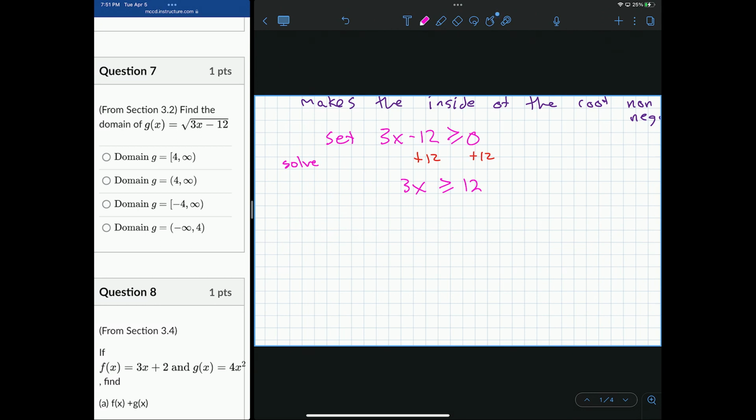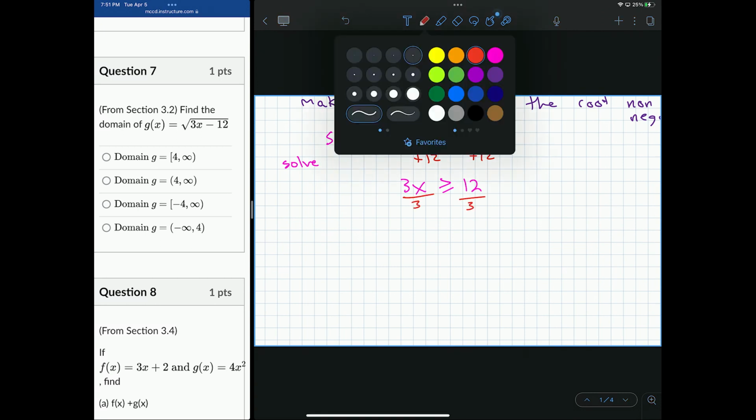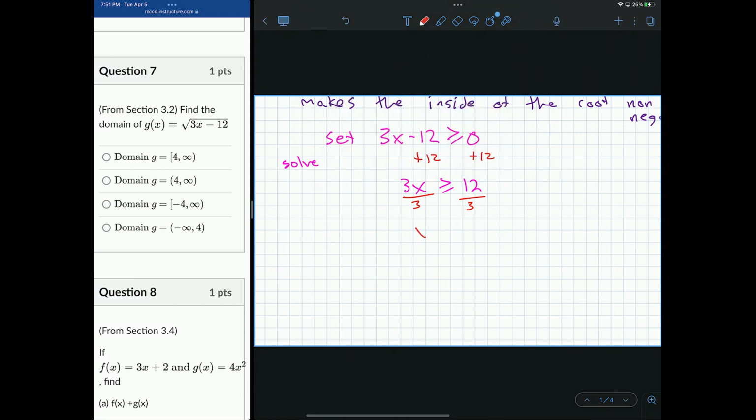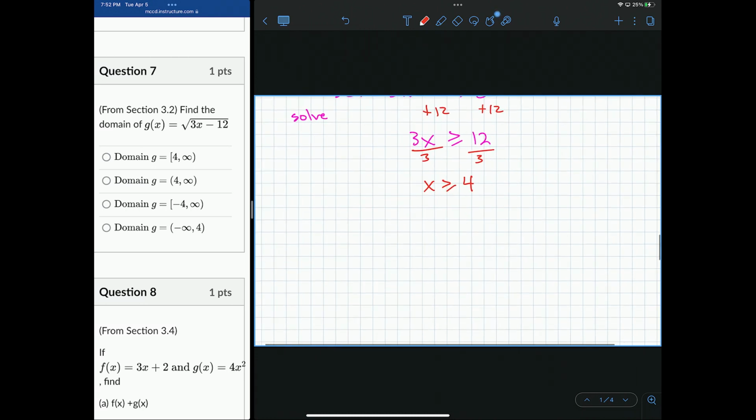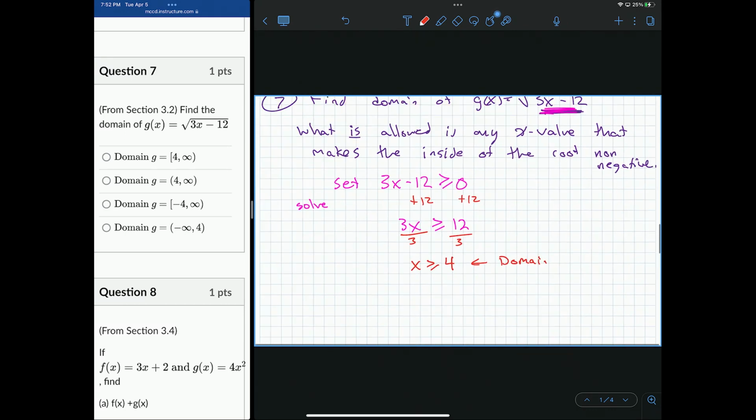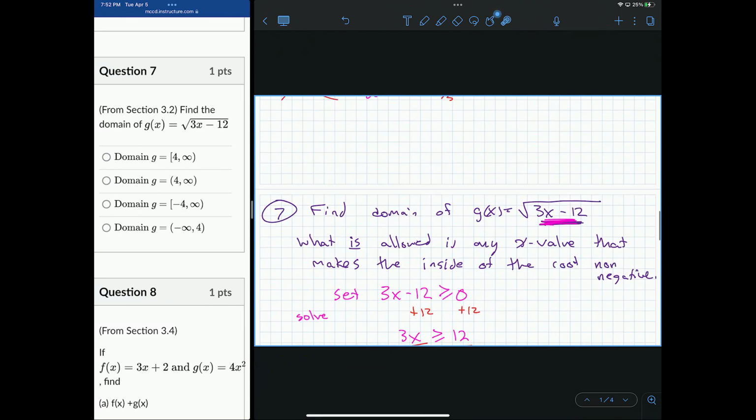Then we should divide by 3 over 3 over 3, and we get x greater than or equal to 4. X greater than or equal to 4. So that is the domain, because in this case we were looking for what is allowed instead of what is not allowed.